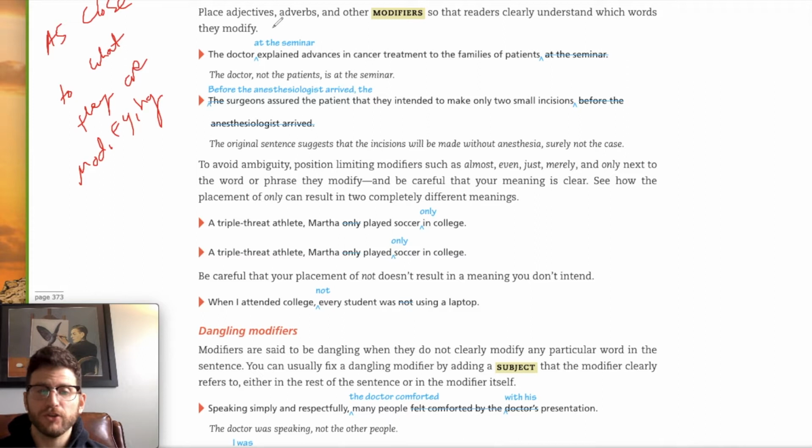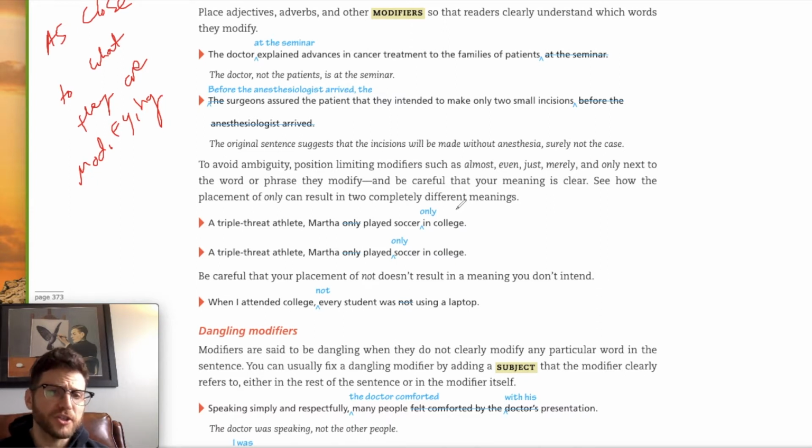We want to make sure that that modifier, whether it is a single word like only, which can modify a verb, can modify a noun, it could also even modify other things, even a prepositional phrase. I think only could probably modify a noun, a verb, pretty much anything in a sentence.